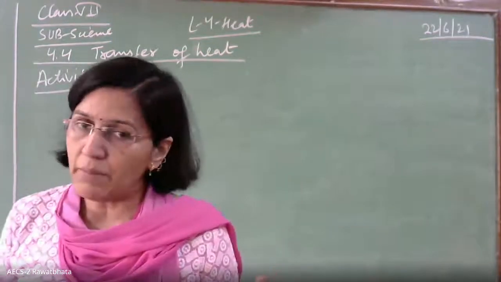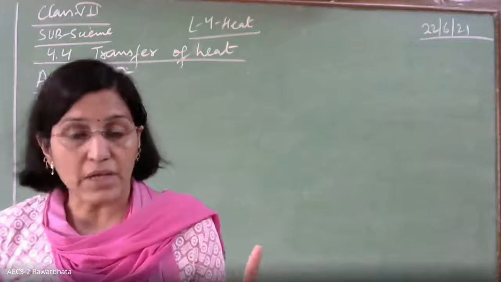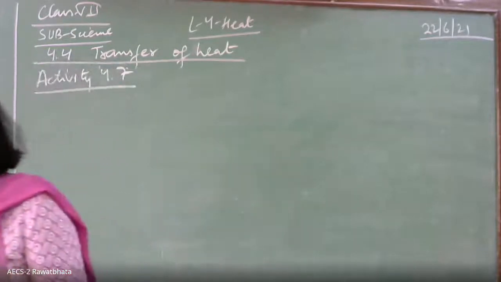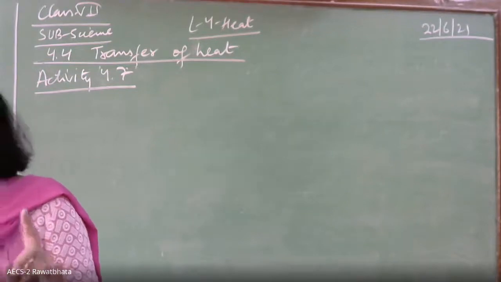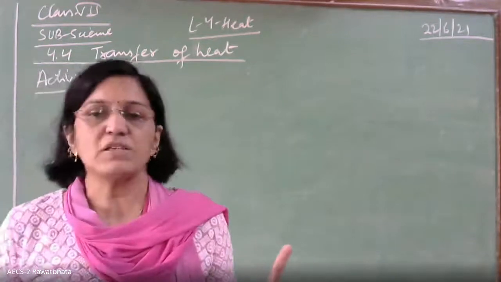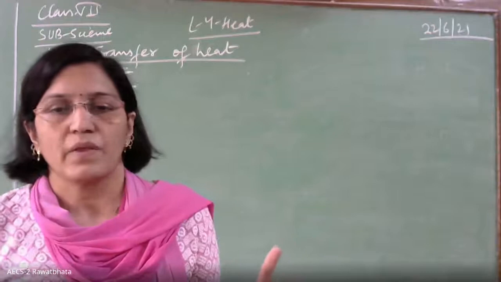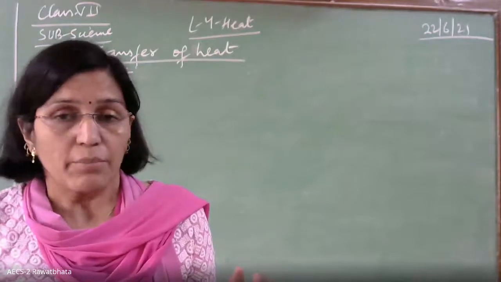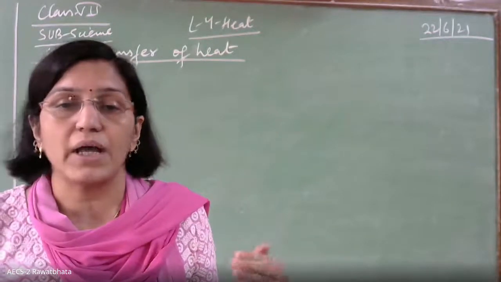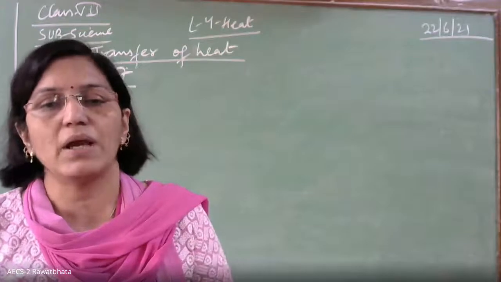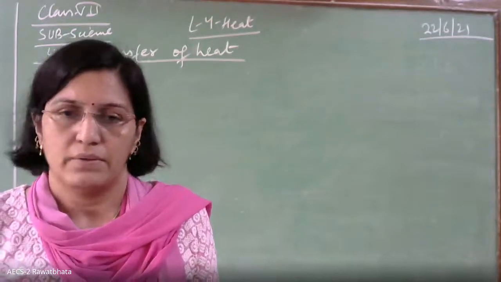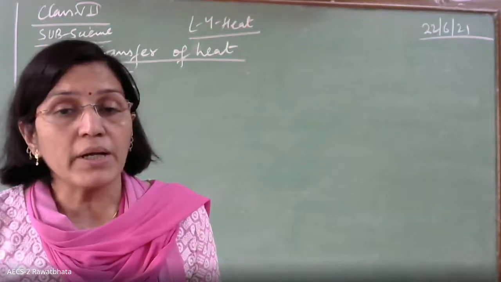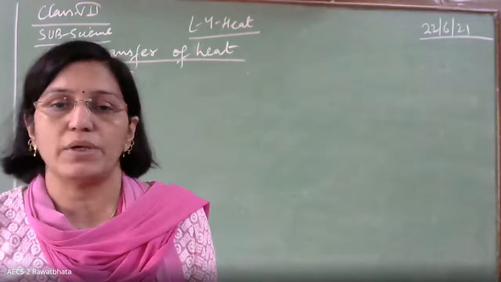The material it is made of is, of course, steel. And the last column says, does the other end get hot? The answer will be yes. Why? Because in the case of conductors, the heat will get transferred from one end to the other. The poor conductors are also known as insulators.